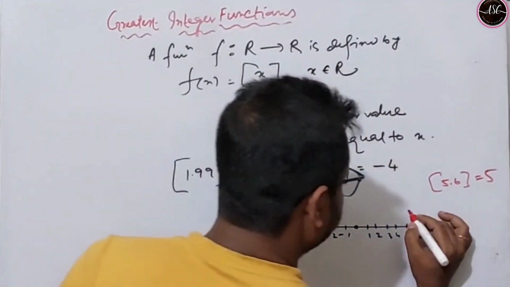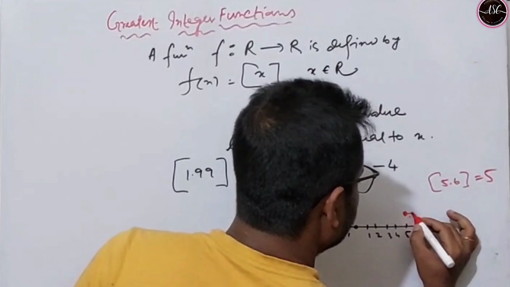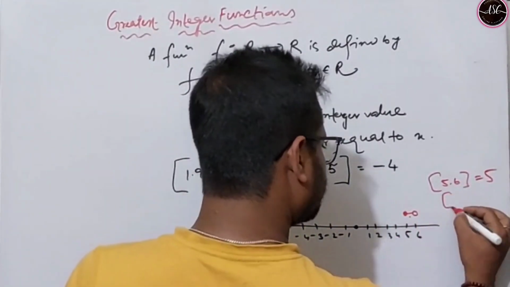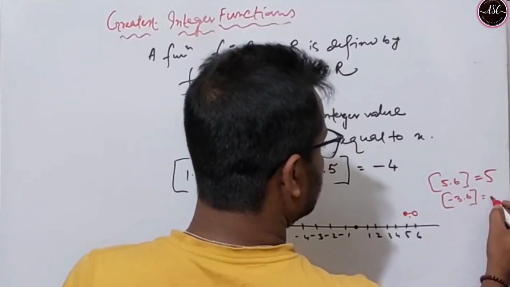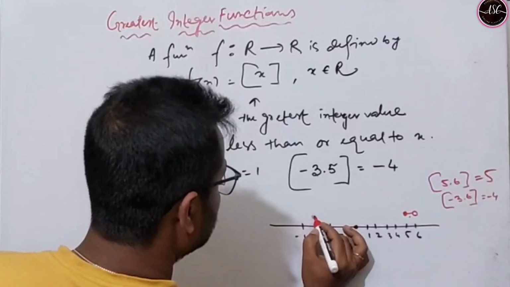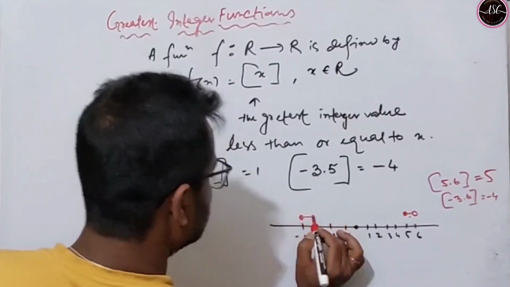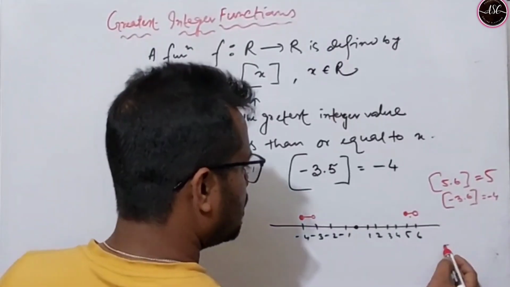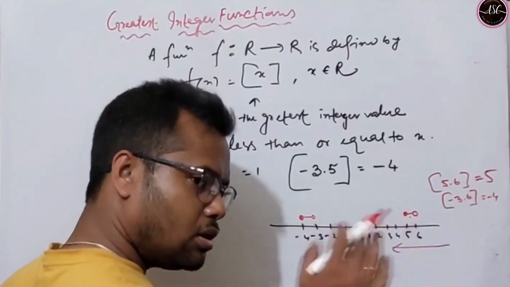So here the closed circle and here the open circle. If we have minus 3.6, then the greatest integer value is minus 4. That means from minus 3 to minus 4, here all the integers are towards the lowest value.